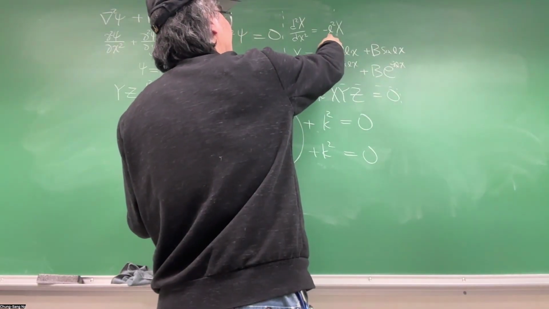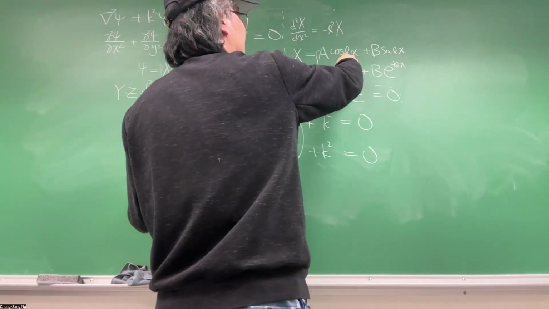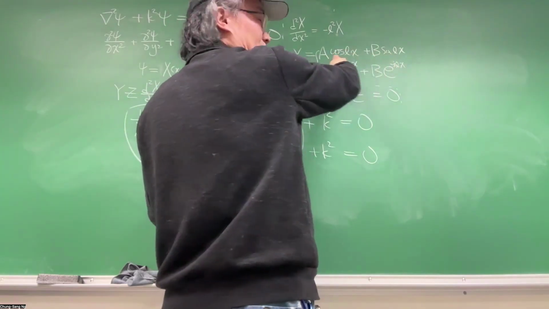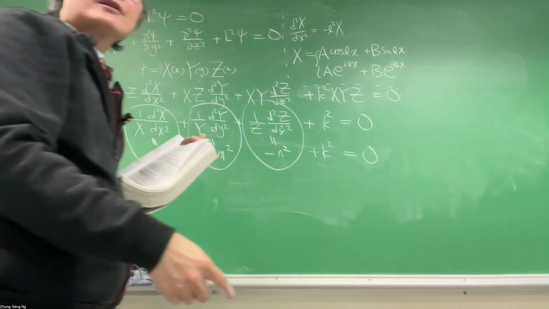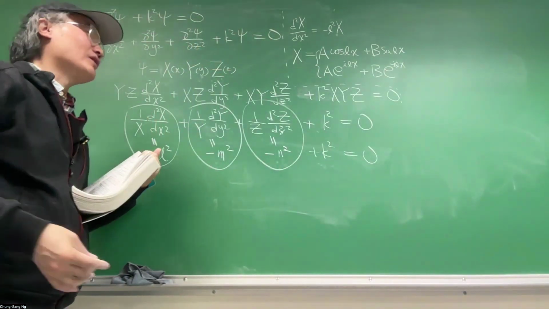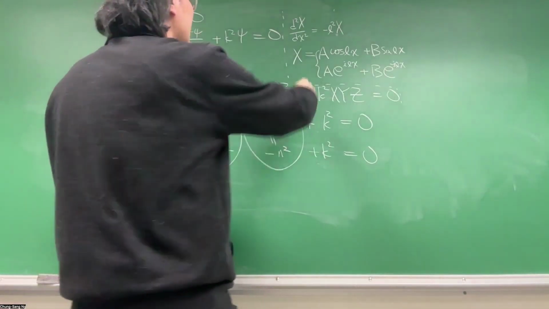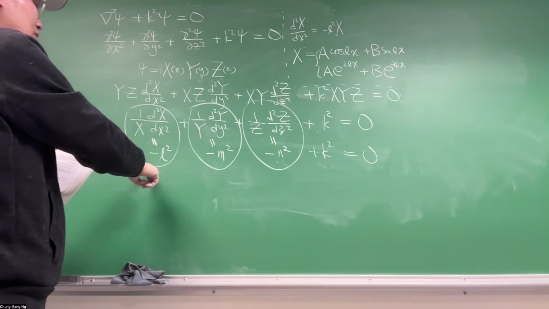If L squared is negative, so the whole thing is positive, then instead of cosine and sine, you get cosh and sinh, and this becomes an exponential function. We solved this equation before. So that's the x solution. For the Cartesian coordinate, it's really straightforward.